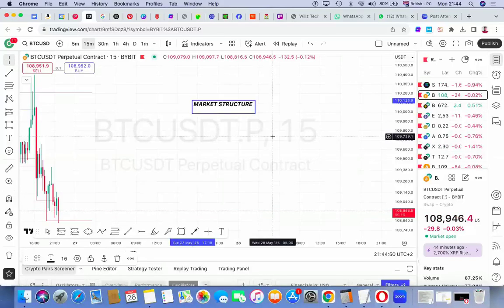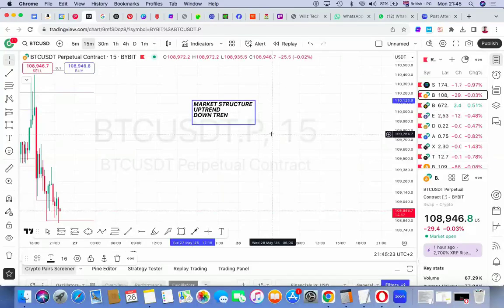So we have uptrend, and we have a market that is downtrend. I'll go ahead and define all these trends for us, all these market types, and the best way we could trade all these types of markets.